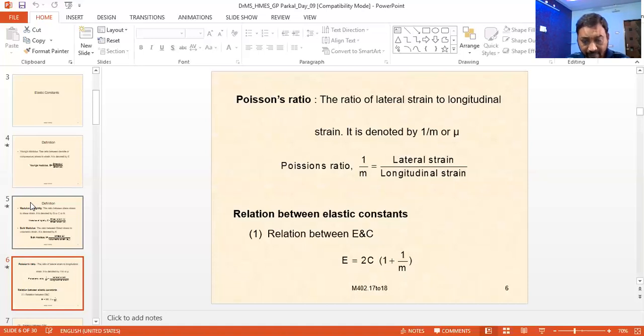Here E is the modulus of elasticity, that is the Young's modulus, and C is the shear modulus, and 1 by m is the Poisson's ratio.